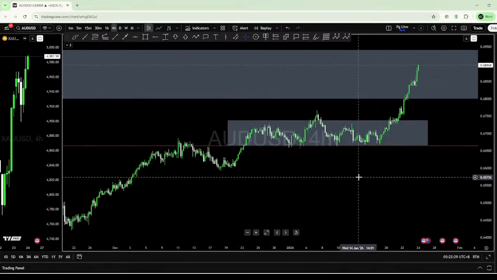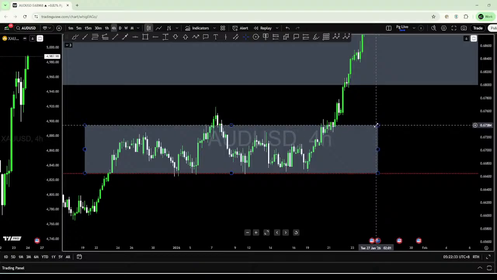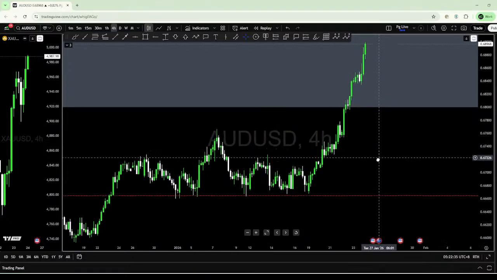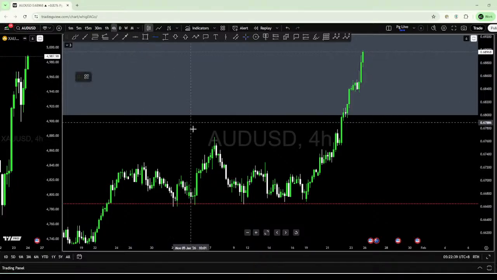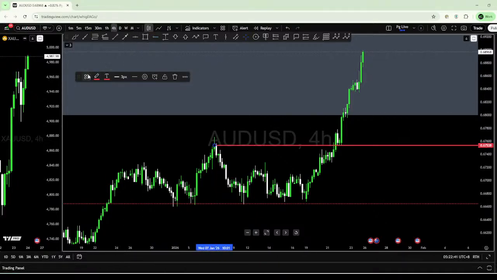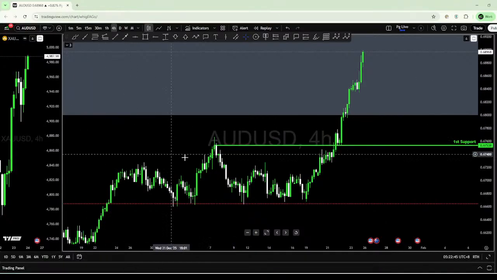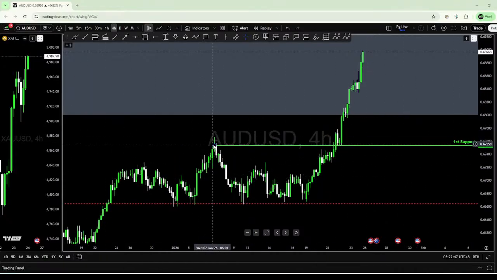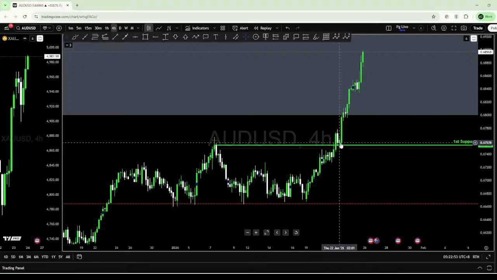I go to H4. For the H4, the support level is right here. Anybody buy here? The resistance closed, pullback, you buy.